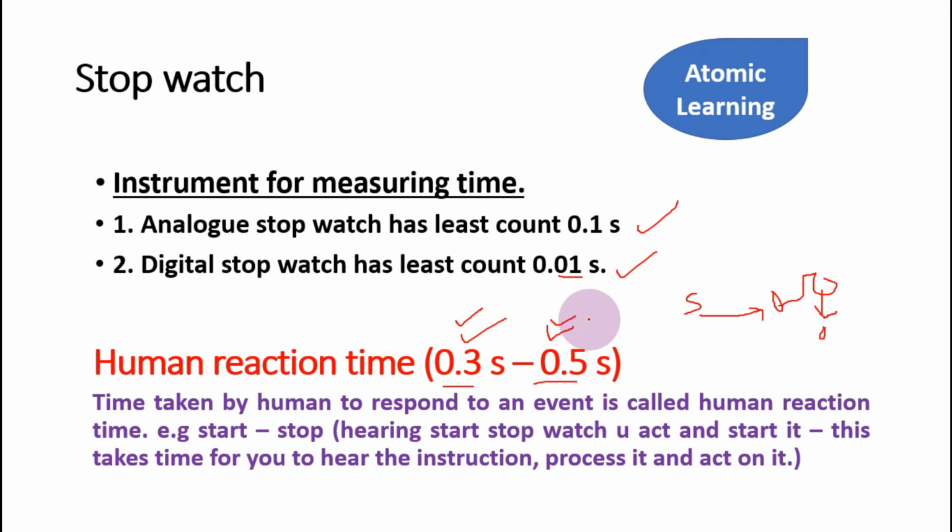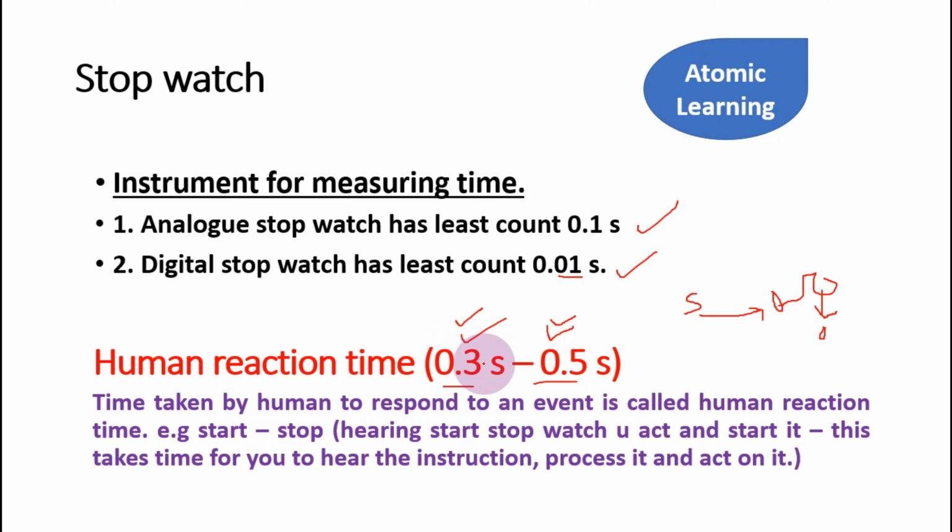Similarly, the human reaction time of those people who do not sleep well is also affected, and for sick people as well. So if you are well, sound, in good health and sharp, your human reaction time will be less, and you will respond to different events quickly.